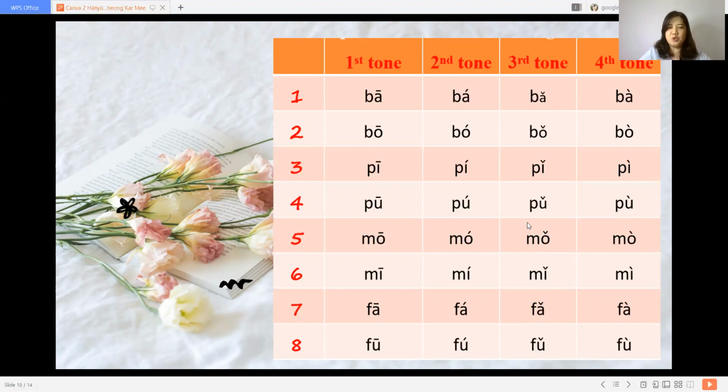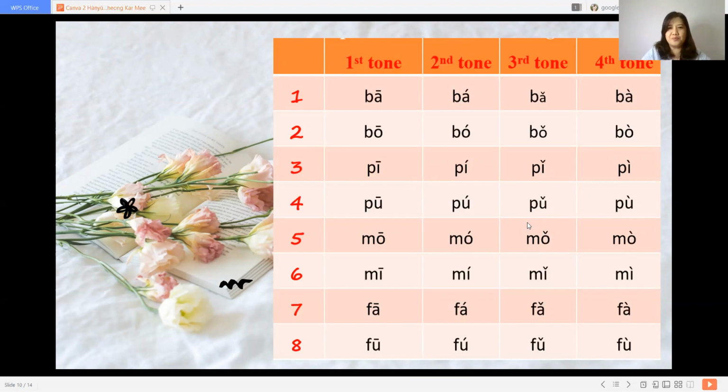Third tone, 我. Fourth tone, 我. How about the third line? 皮, 皮, 皮, 屁.